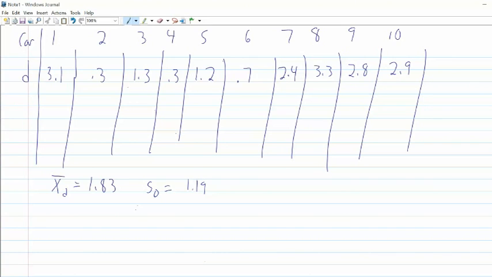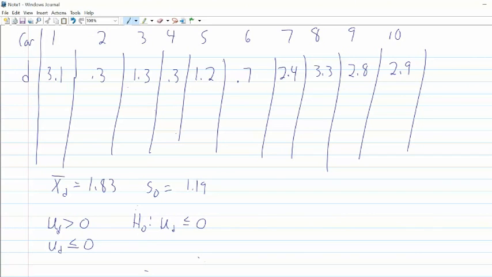So for gas mileage, we're going to have either the mean change is greater than 0, so that would be μ sub D is greater than 0, that means there was some change. Or μ sub D, the mean change, is going to be less than or equal to 0. That's the opposite. The one with equality then would be your null hypothesis. So it's going to be μ sub D is less than or equal to 0.